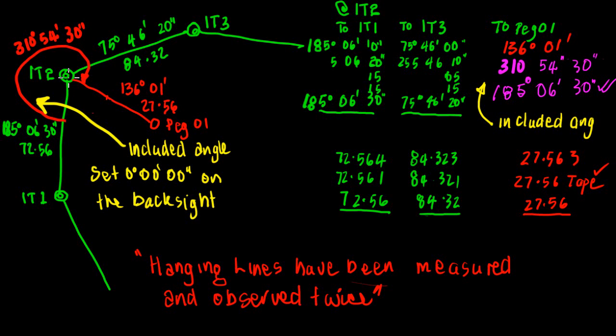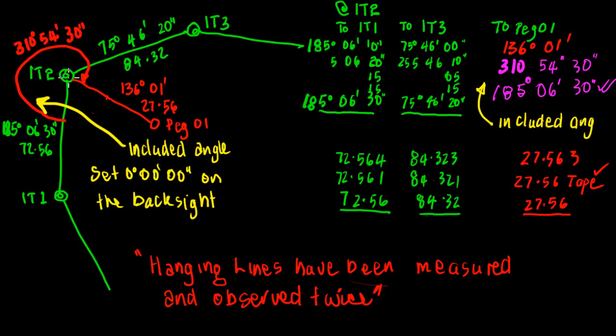So we can measure the included angle by setting 0 on the backsight, in this case 185°06'30", and then measuring from there all the way round to the peg in the clockwise direction. That gives us the included angle, which is 310°54'30".